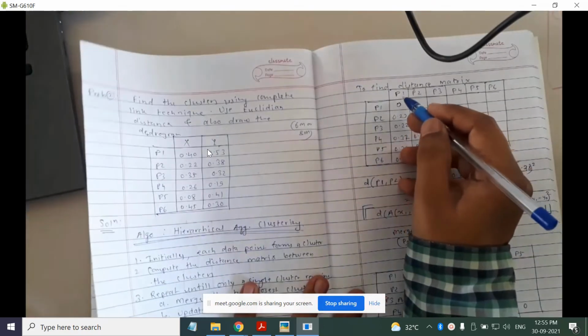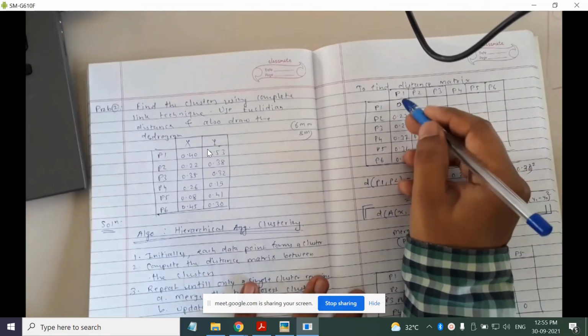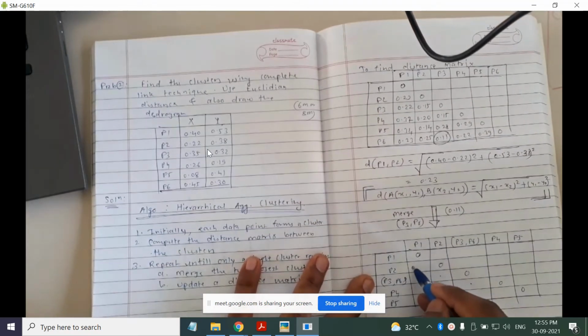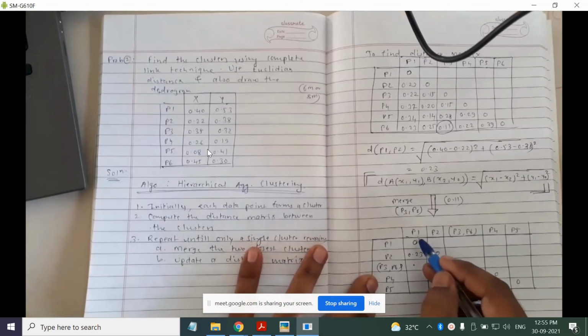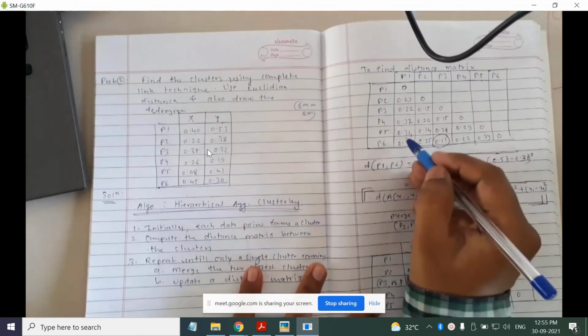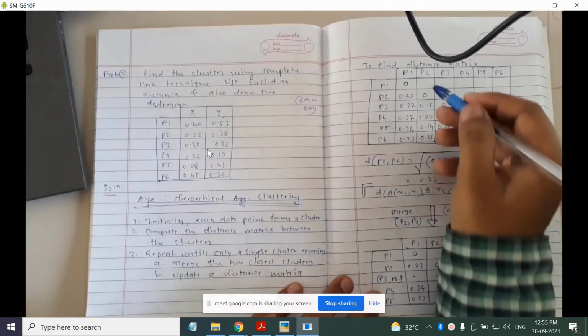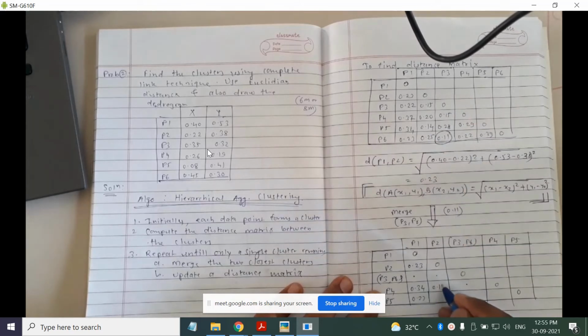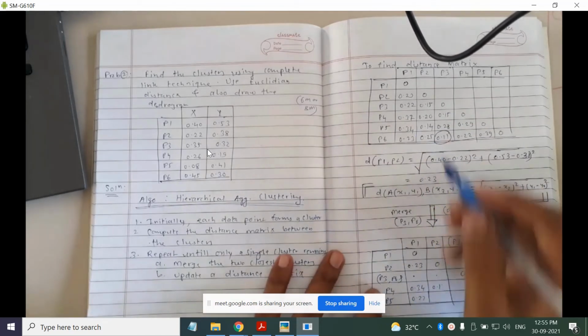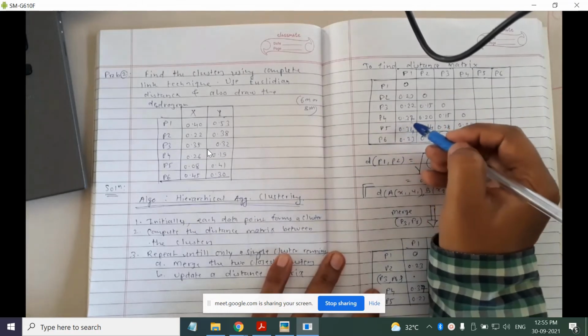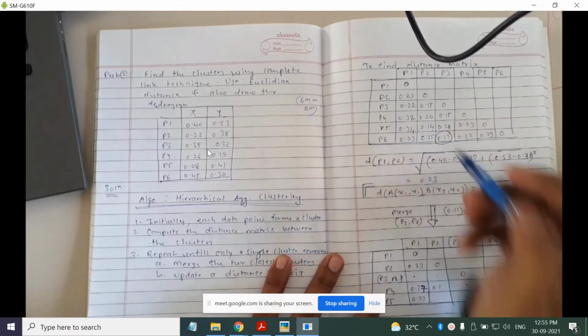From this table itself you can fill it. The distance between P1 and P2 is 0.23, and that will not change. The distance between P1 and P4 is 0.34, 0.23. P2 P4, sorry, P4 is 0.37, P5 is 3.